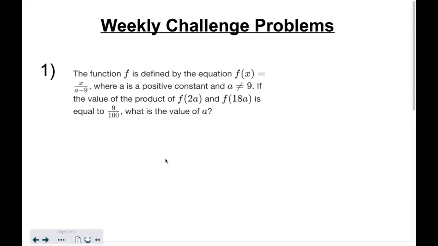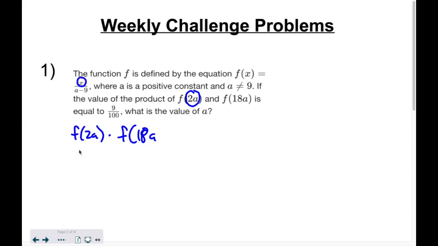So this first one, we got a function, all right? It wants the product of f of 2a with f of 18a. So let's remember a function has input and output. And whatever is in the input is what we are going to replace x with, and then evaluating that gives us our output.